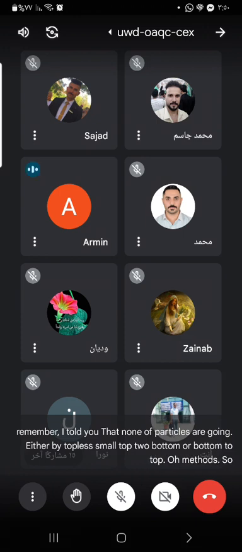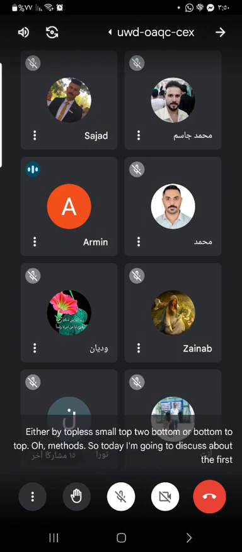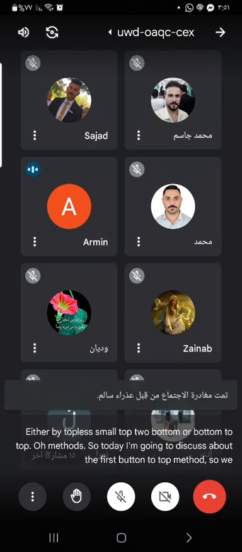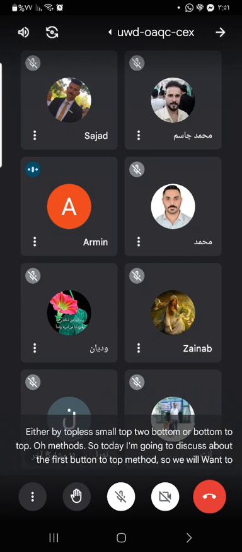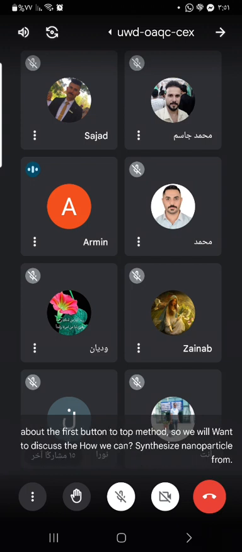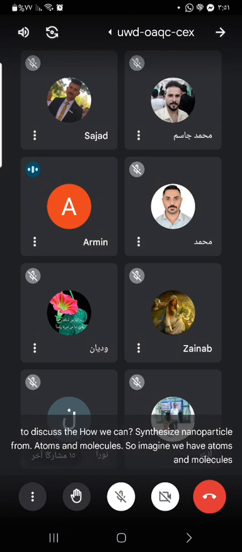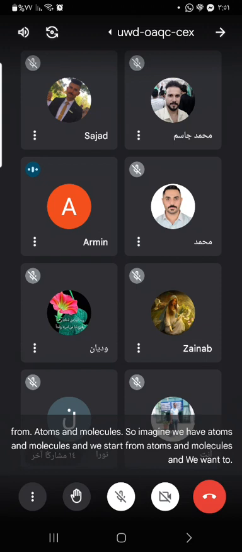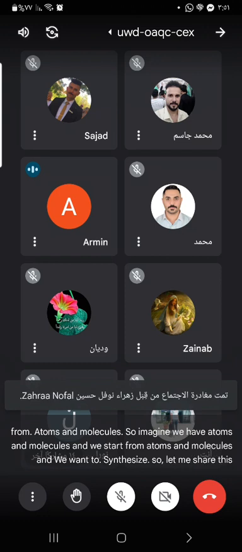So today I'm going to discuss the first bottom to top method. We want to discuss how we can synthesize nanoparticles from atoms and molecules. Imagine we start from atoms and molecules, and we want to synthesize nanoparticles. So let me share this slide for you.